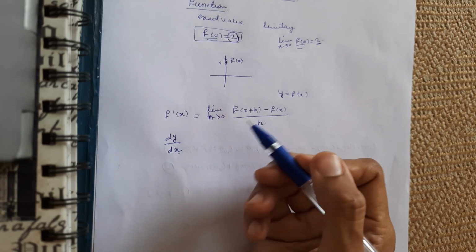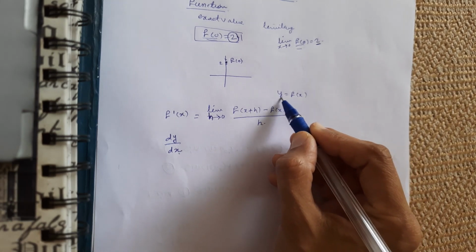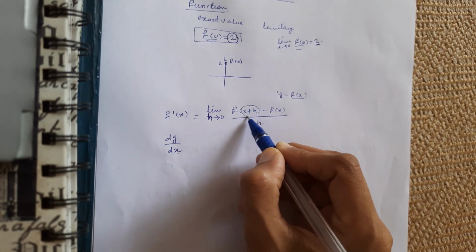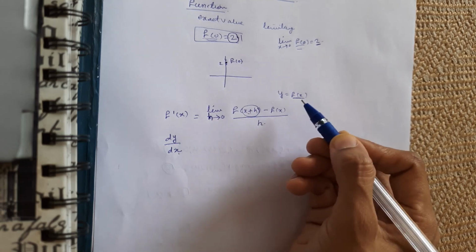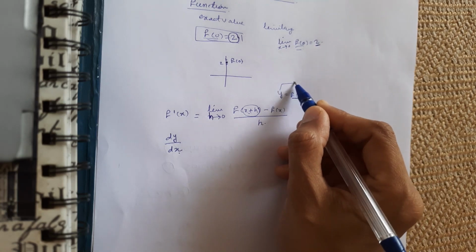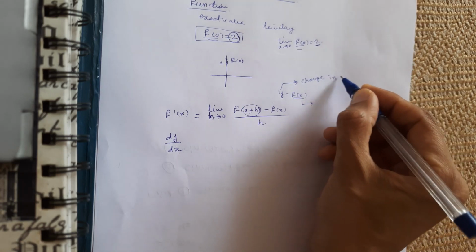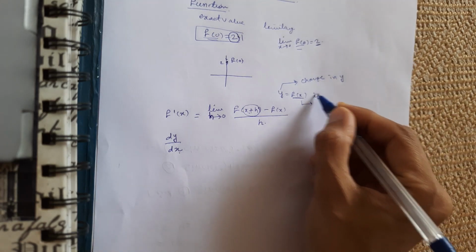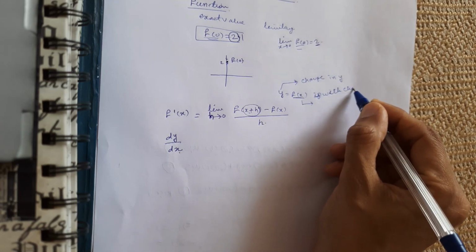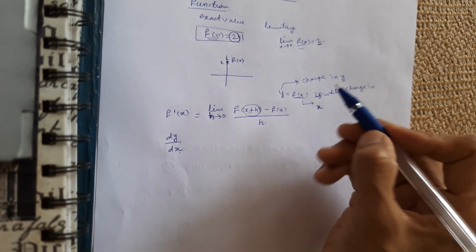Okay, so now what we are doing here: if my original function is y equals f of x and I am observing the change with respect to x, I am just observing the change in y. What change in y will happen if I change x?